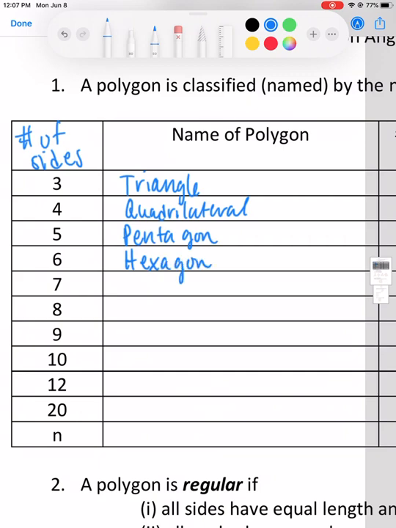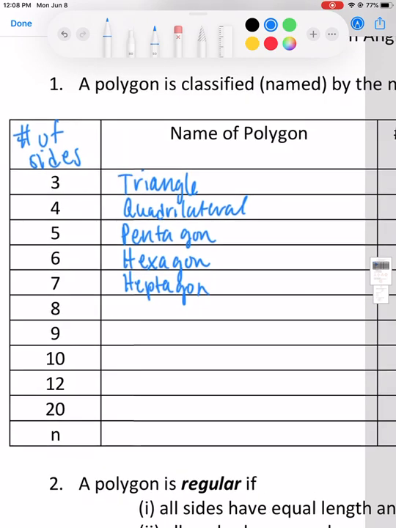Number 7, if you have a polygon that has 7 sides, the Greek prefix is hepta. Many people think that this could be a septagon, but septa is the Latin prefix, as in September or septuplets. Latin for 7, but we use Greek for 7, so we use hepta.